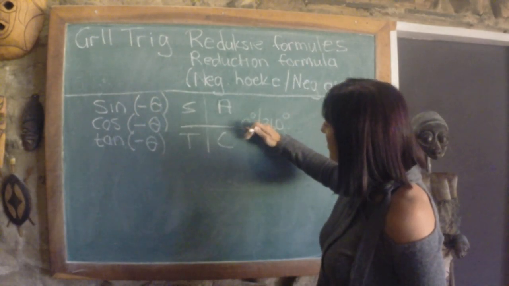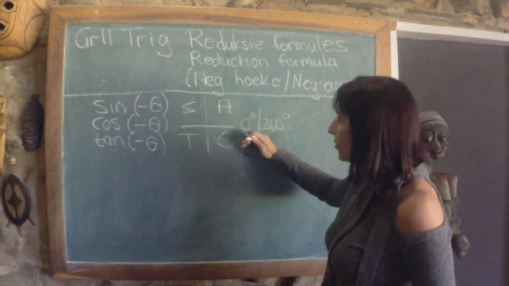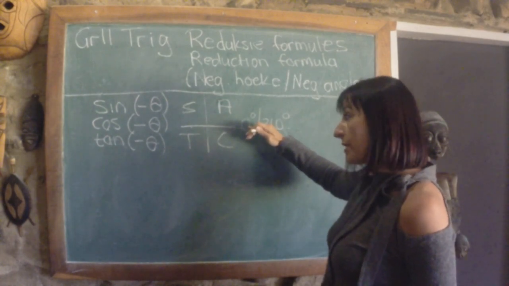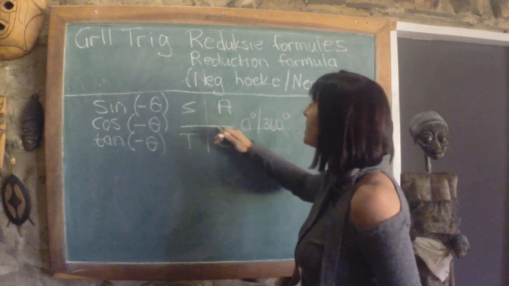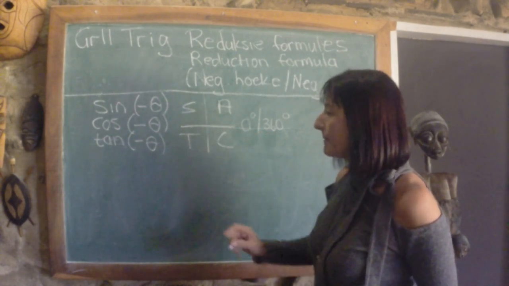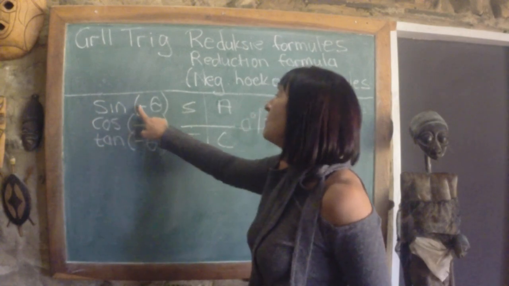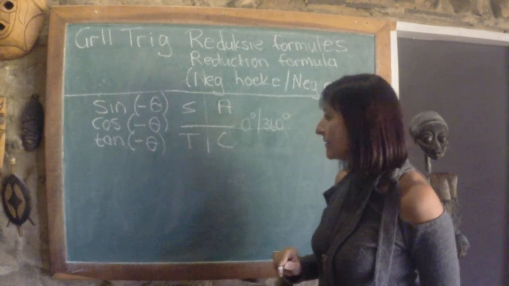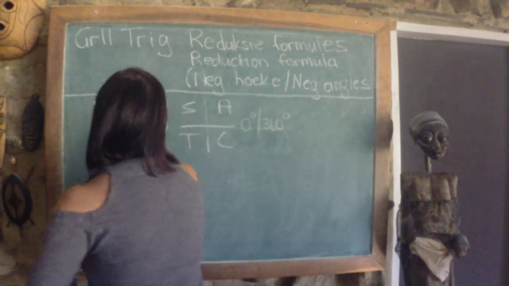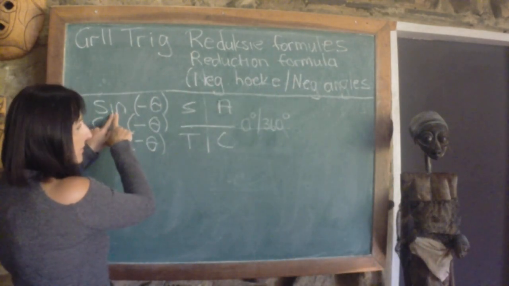And if we look at the fourth quadrant, because we are talking about the fourth quadrant now, then the sinus is negative over there. So the sin of minus theta will be minus sin theta.